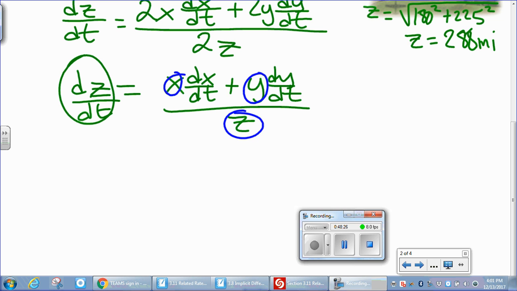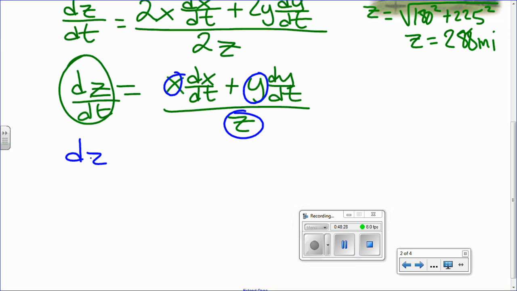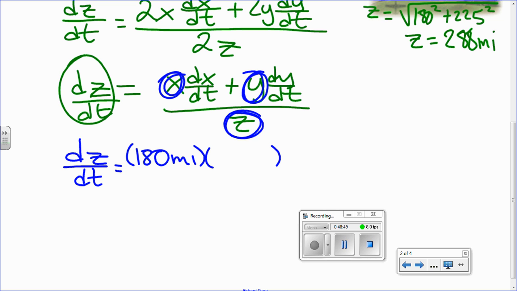Okay, so now we're very close to finding dz over dt. And so we already know that we have numbers to use to substitute x, y, and z. So x is going to be substituted with 180 miles, which is the distance of the plane that is going westbound. We have here dx dt, I'll tell you how to find it in a minute.